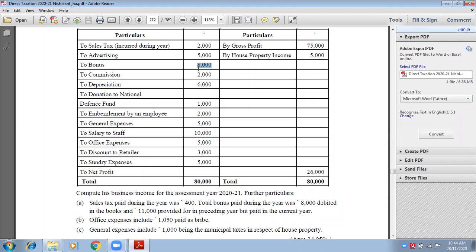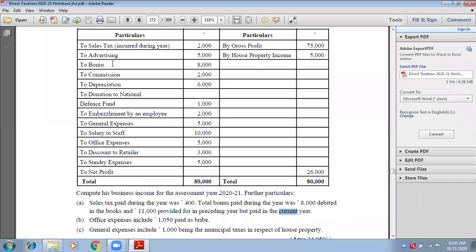That is correct. But what he says, 11,000 which was provided, means a provision was made that we will pay in the future. That is known as provision. Provision means something which we are going to pay in the future. So 11,000 provided in the previous year but paid in the current year, so 11,000 also is to be shown on the debit side.